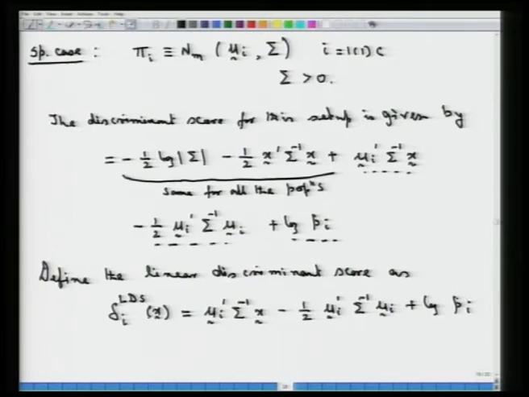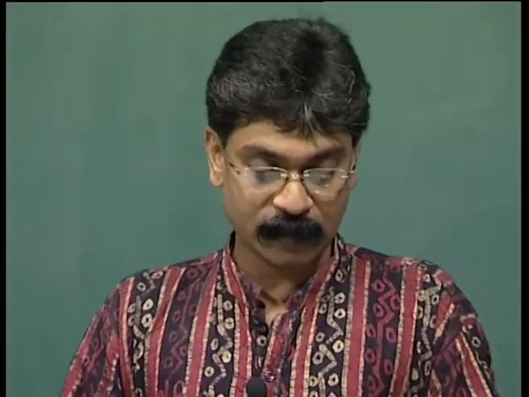If this is the linear discriminant score corresponding to the ith population, we will allocate an observation x to pi k if the linear discriminant score corresponding to that kth population gives us the maximum.